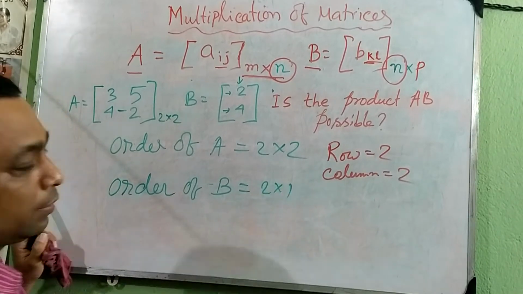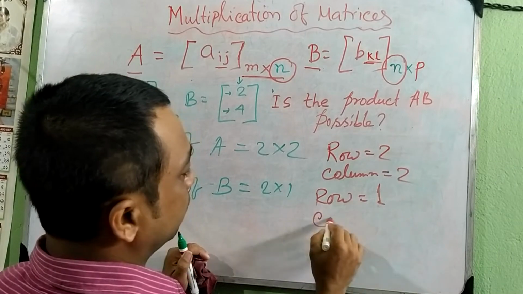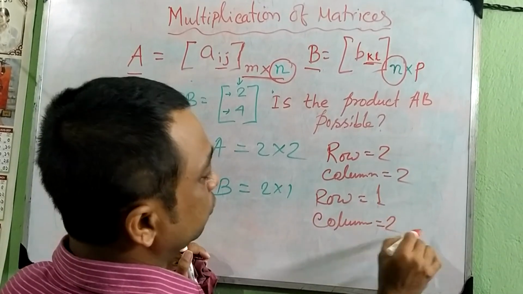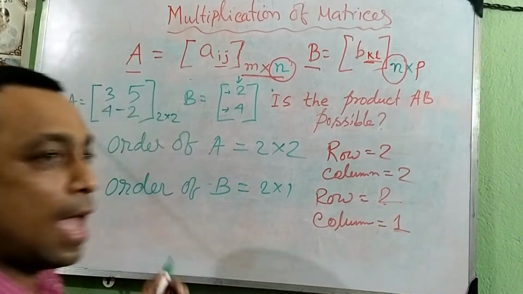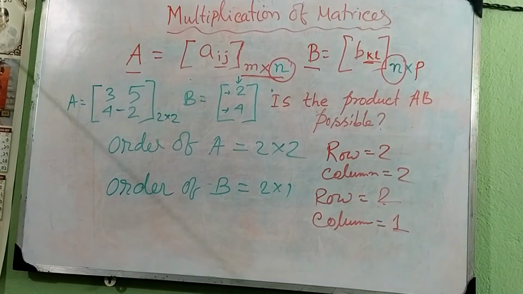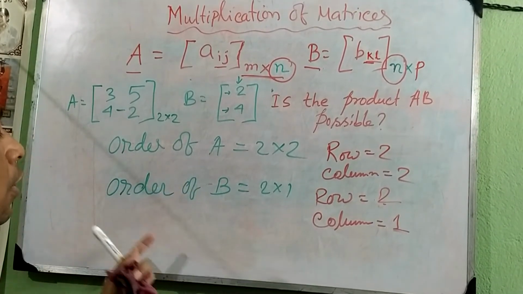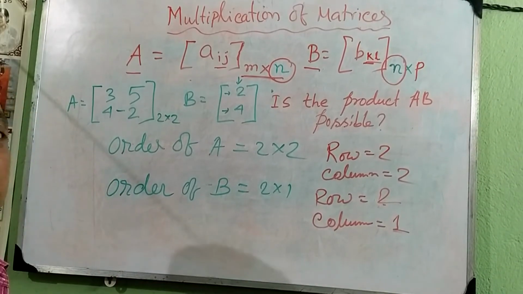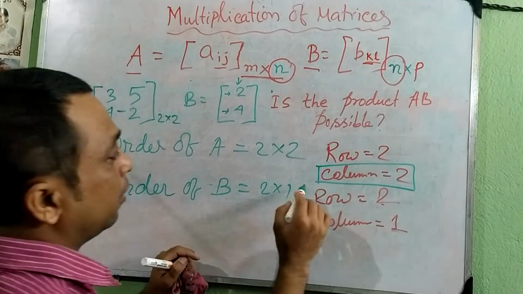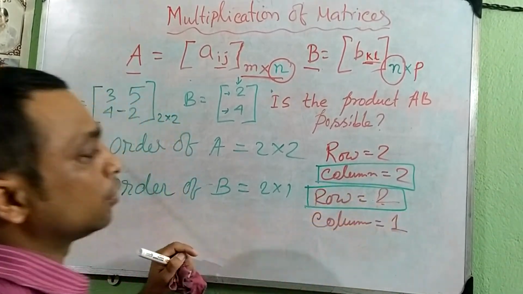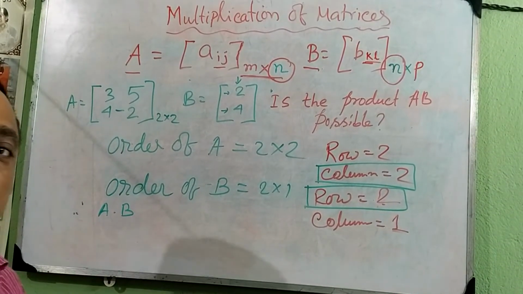So 2 by 1, that means, sorry, rows is 2, columns is 1. Now as I said, if the column of the first matrix is equal to the row of the second matrix, you can see the column of the first matrix is 2 and the row of the second matrix is also 2. Therefore the product of A and B is possible.